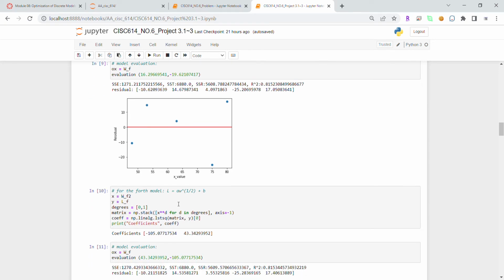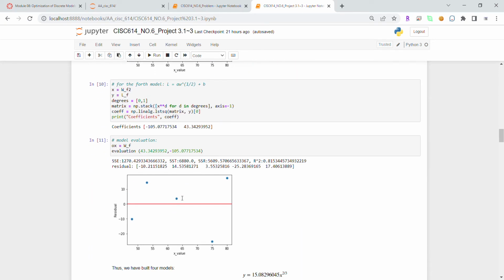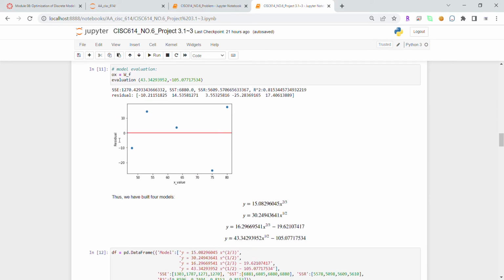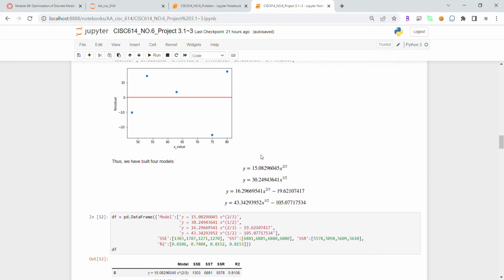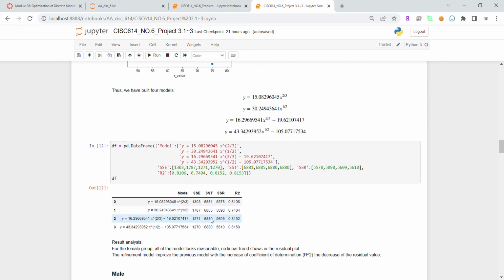And then I'm going to compare these four models. So here are the four models we created, and the result is shown in this table.